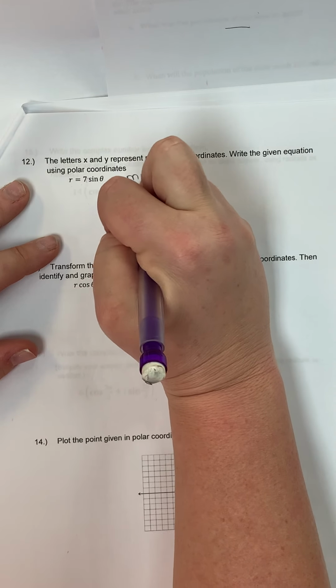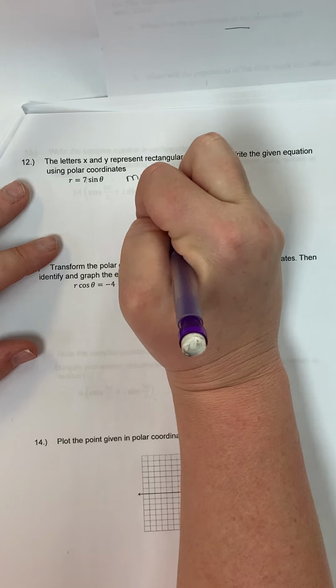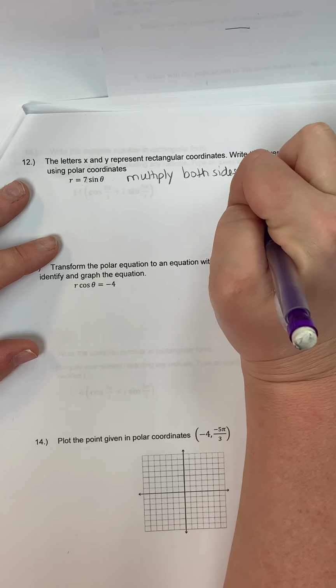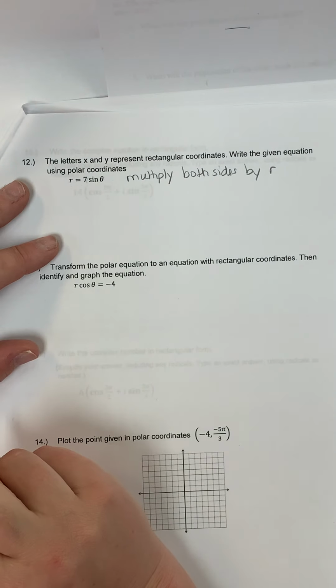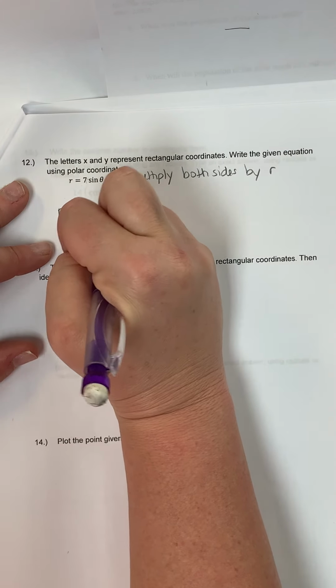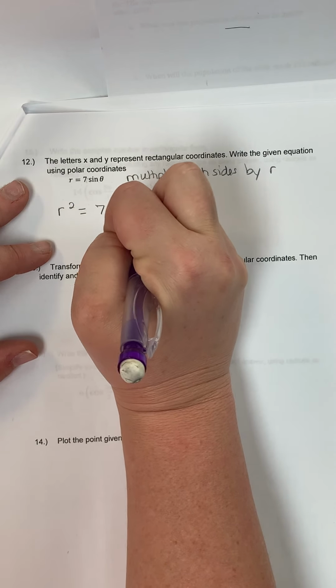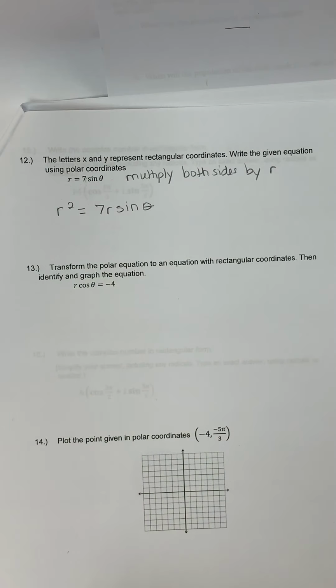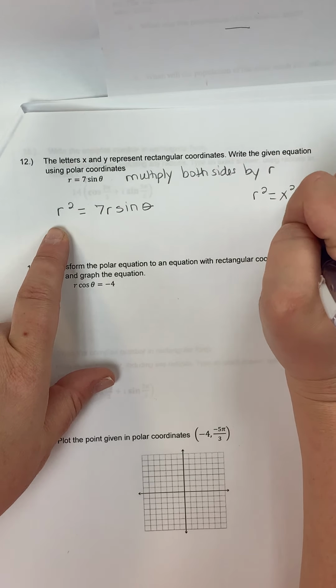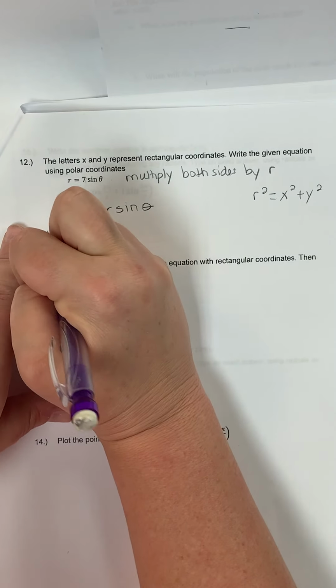So the key here is to multiply both sides by r. I'm going to get r squared on the left and 7r sine theta on the right. Now remember what r squared equals: x squared plus y squared.